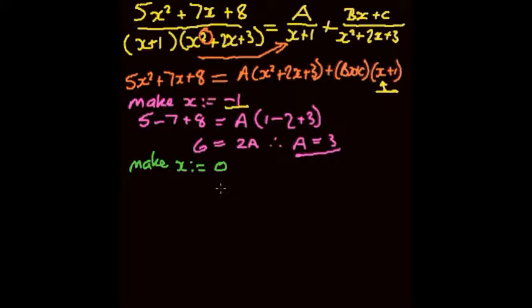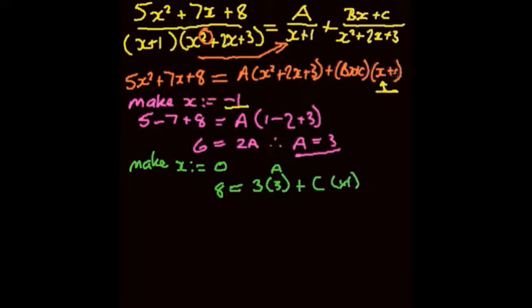So on the left hand side I get 8 equals 3 times 3, because we know that a is 3, plus c times 1.